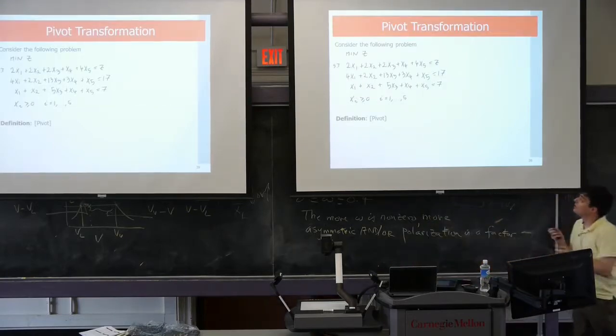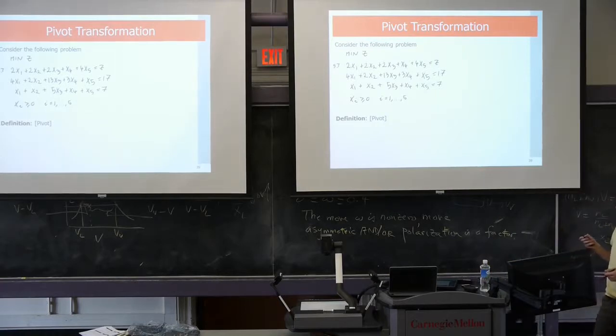So here is a problem. We want to minimize this cost function, 2x1 plus 2x2 plus 2x3 plus x4 plus 4x5. I denote the cost function with z, and we have some constraints. And we know that all these 5 x variables are non-negative. Our goal is to solve this problem. This is a linear program in standard form.